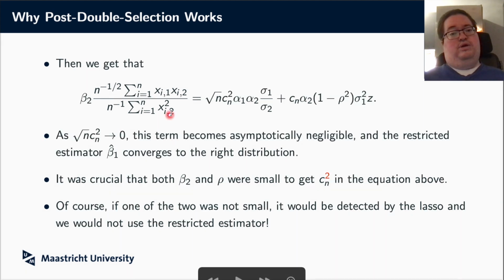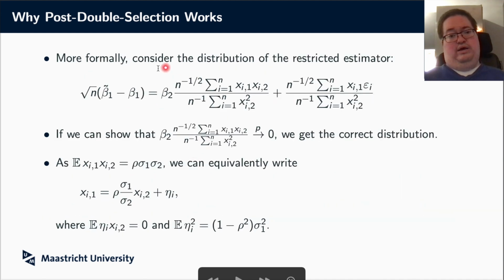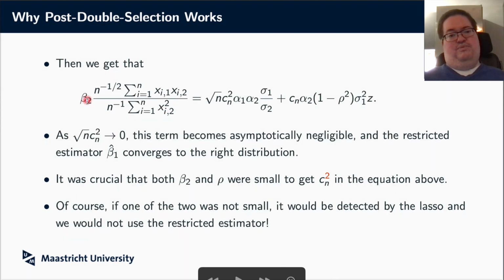And in particular, we have to realize that the expression that we had was multiplied by beta 2. So here I have it without beta 2, but if I go back one more, I have it actually multiplied times beta 2. And so I get something small here from beta 2, and I get something small here through this covariance term. So I get a term Cn squared here. One Cn coming from beta 2, one Cn coming from rho.